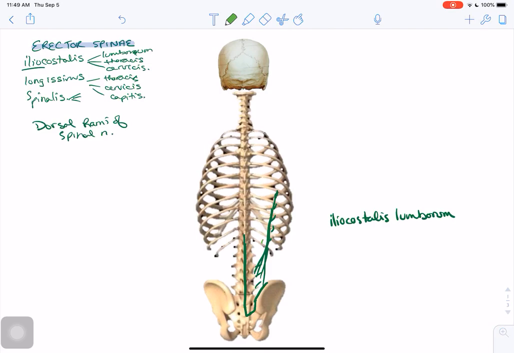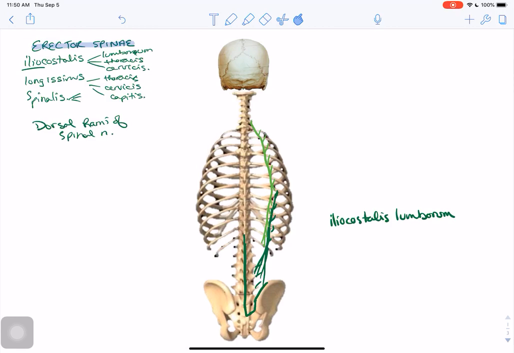So we'll have this big column of muscles that goes all the way up to the C7 transverse process, with attachments to the same ribs where lumborum took origin, and then insertions on the upper six ribs, and maybe a little bit to the C7 transverse process.